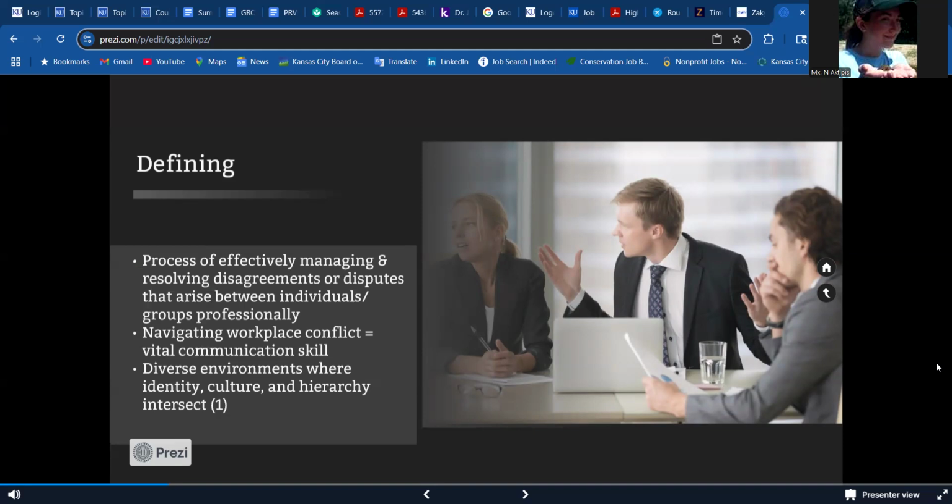So the reason why these things often happen is because workplaces are really diverse environments where sometimes they might not look like such, but everybody brings their own identities, their own cultures. There's also a hierarchy that's often involved in workplaces, and all of these just intersect with each other when we go to work.